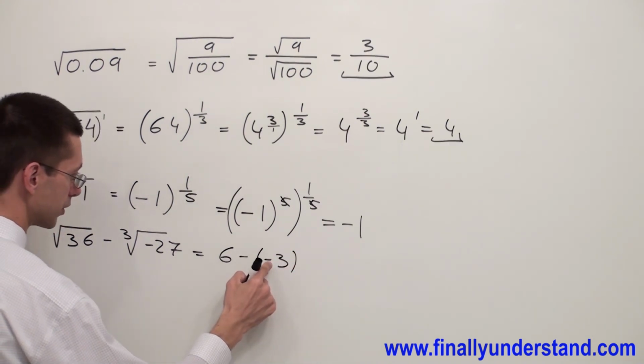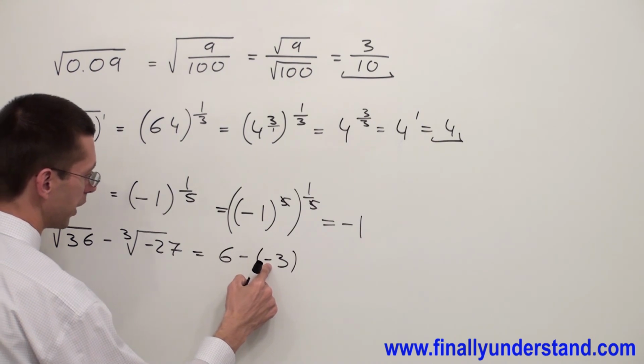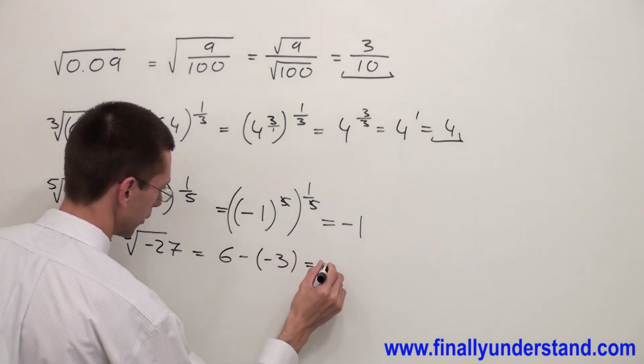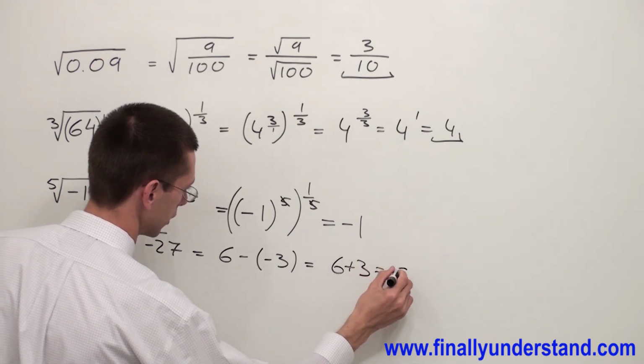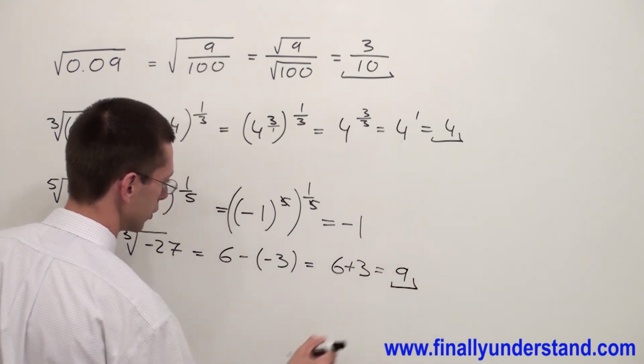Negative times negative gives me positive, and I'm going to have 6 plus 3 is equal to 9. This is the solution to my problem.